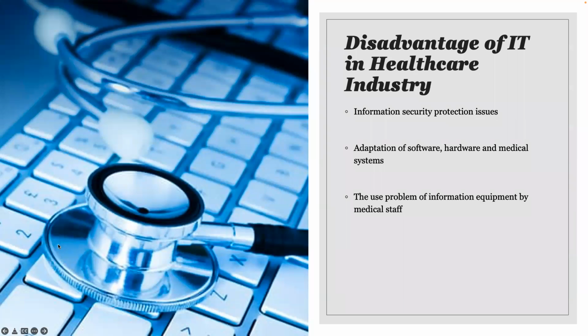The next is the adaptation of software, hardware, and medical systems. If the hardware and software in the IT system cannot operate well and stably, this will not only fail to bring convenience to medical work, but also bring a lot of security risk.